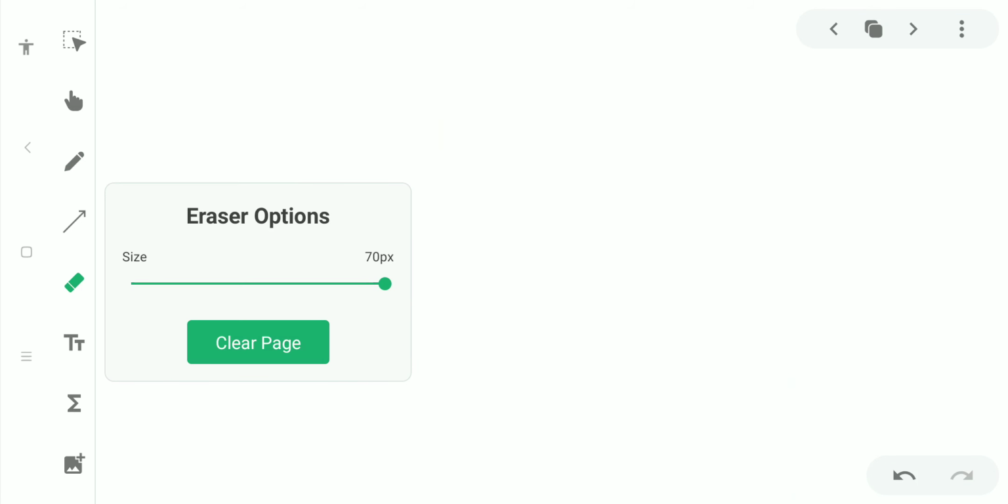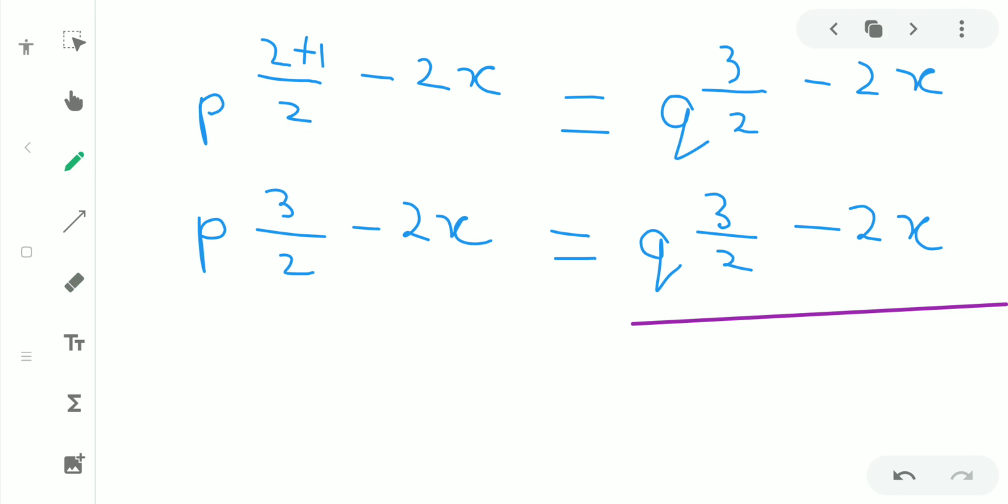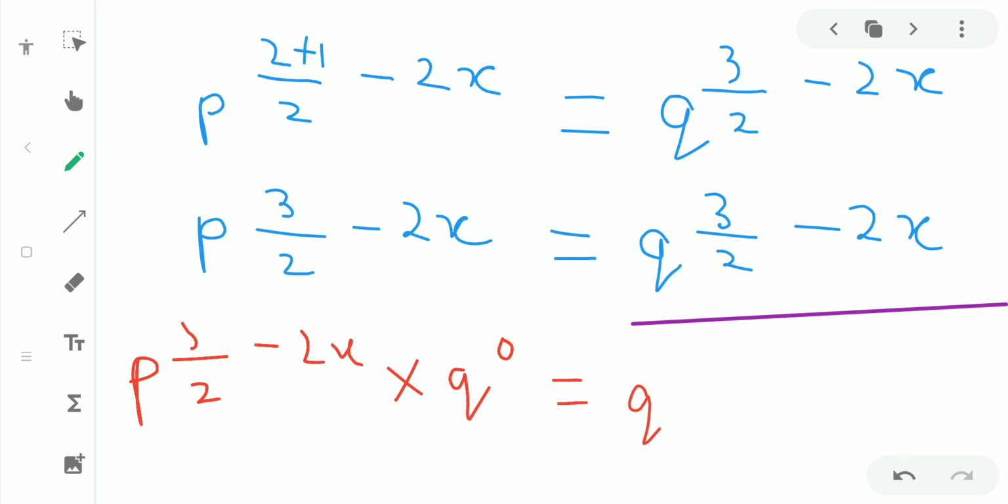Now let us apply it here. We will have p power 3 by 2 minus 2x into q power 0 is equal to q power 3 by 2 minus 2x into p power 0.